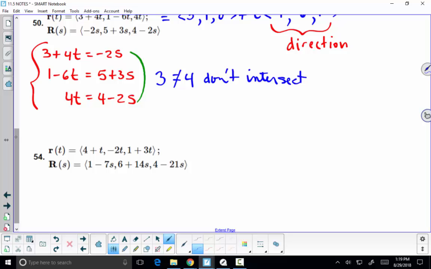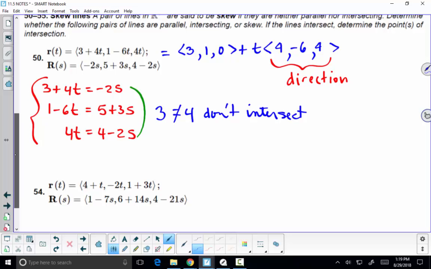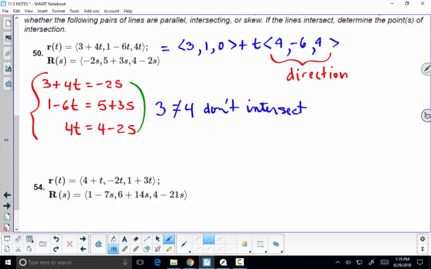So let's go ahead and look at the direction vectors for each. The direction vector for the top line, let's call it V1. I've got it right here. So V1 is going to be the direction vector for the first one. That's 4, -6, 4. And the direction vector, or I should say a direction vector, because there's an infinite number of them, -2, 3, -2.